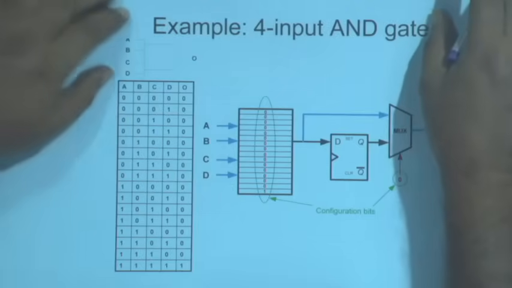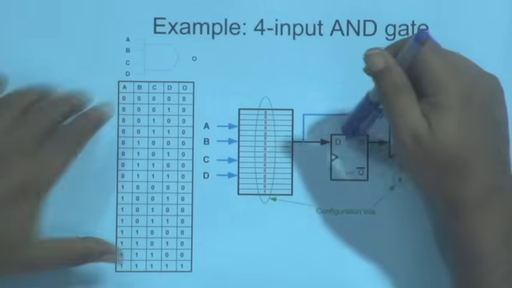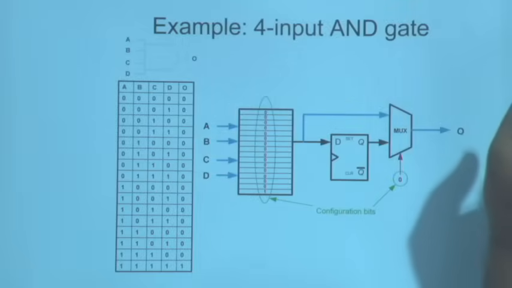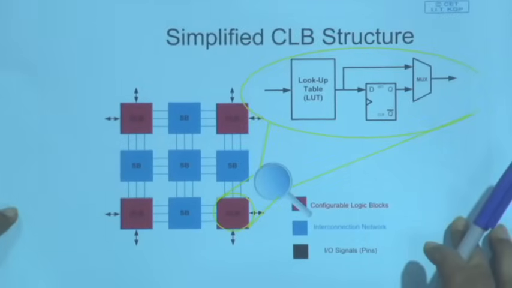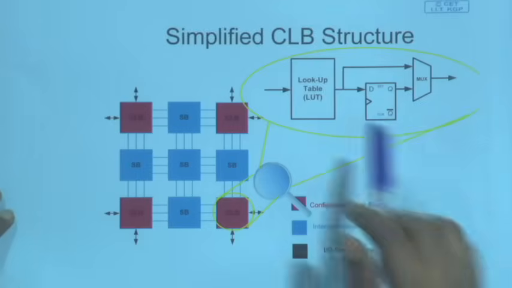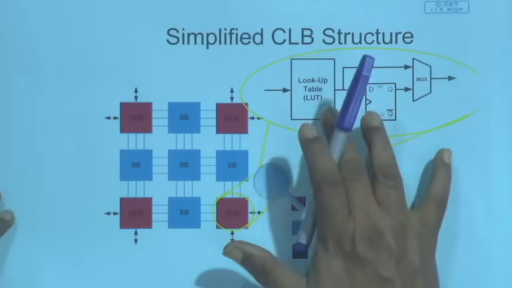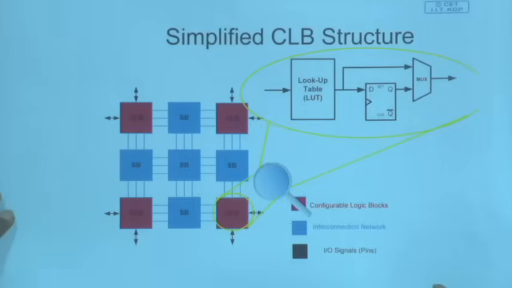Now, I have to implement this through my CLB. Suppose I want to do this through only one CLB. I will just need one CLB to do this. And what do I have within this CLB? I have got a lookup table and a D flip flop for this simple CLB, right.